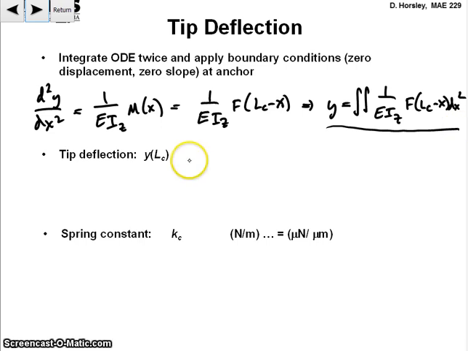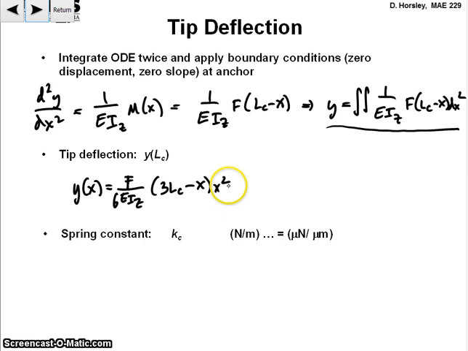Integrating twice gives us y of x is equal to F over E I z, with a factor of 6 down here, times (3 L_C minus x) times x squared. This isn't a very hard integral to do. You can do it yourself.